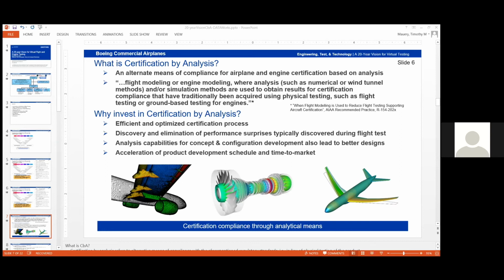And it can be used to support concept and early configuration development that can offer improved efficiency and performance. That benefits everybody: the flying public, airlines, and the manufacturers who can get their products to market more quickly. So this is a far-reaching goal that is beyond just certification.